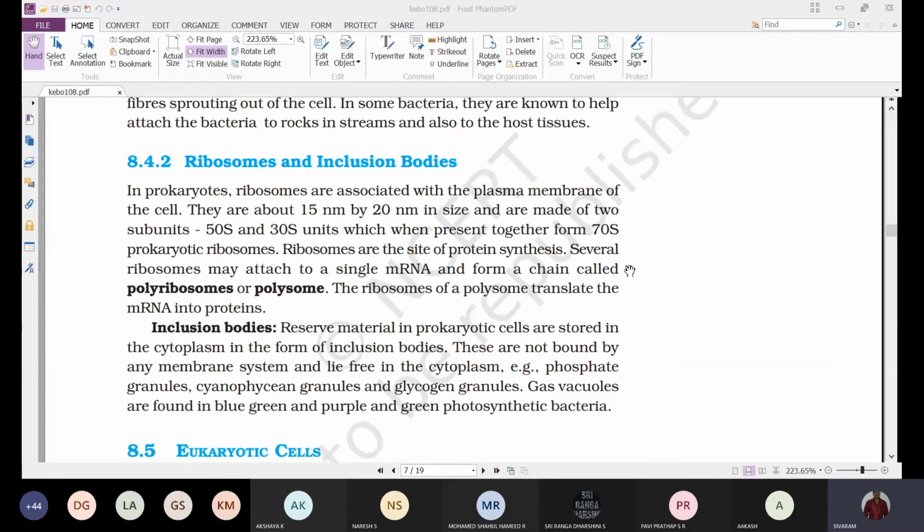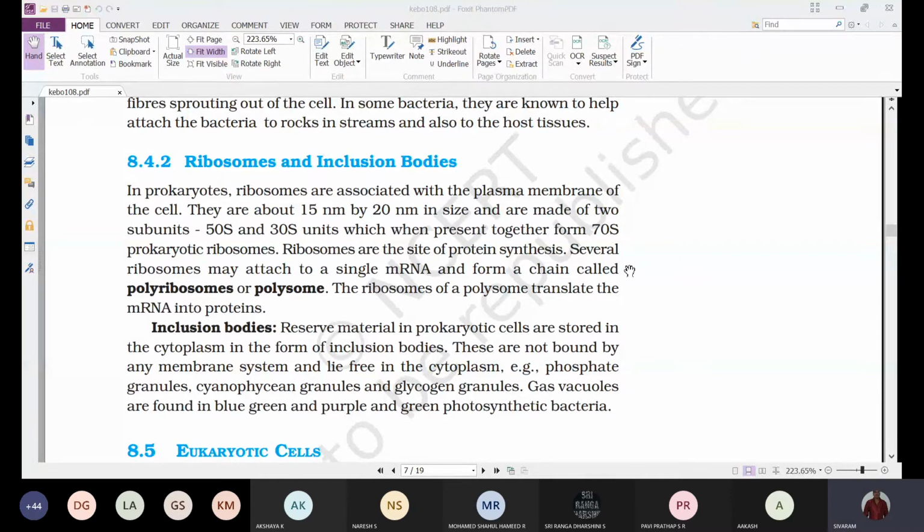This difference occurs because of the reduction in surface area: the contact surface between the two subunits is lost, and only the overall surface area remains, so the sedimentation is a little lower. So in prokaryotes the ribosomes are the 70S type, with two subunits: a larger subunit of 50S and a smaller subunit of 30S.